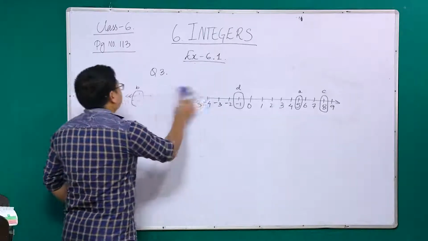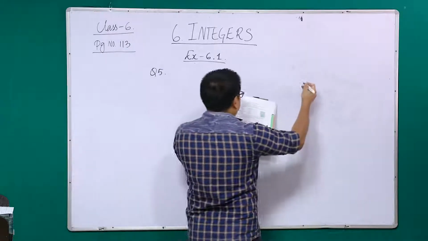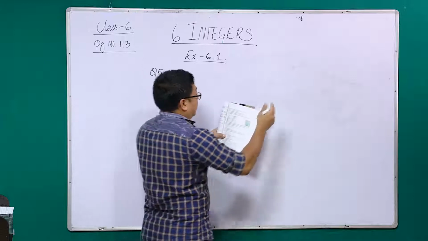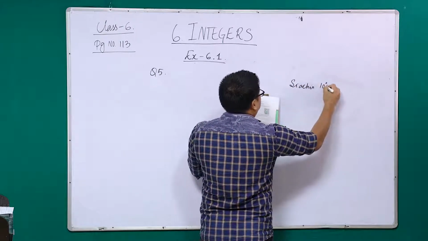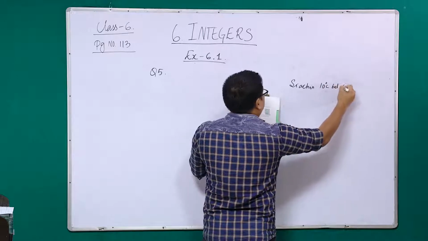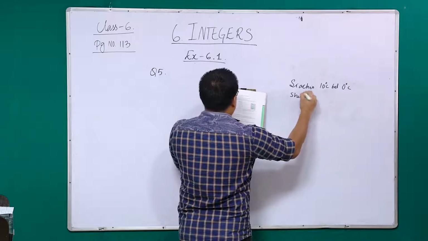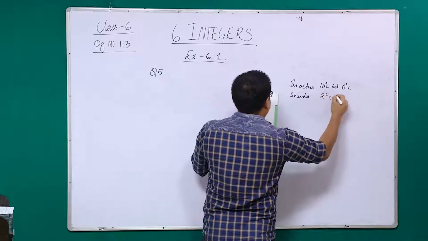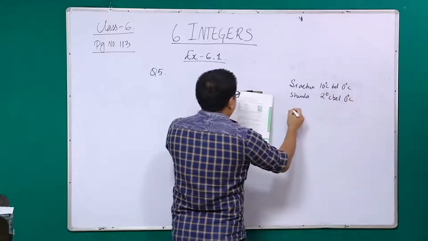Let's move on to question number 5. Now they have given us some information here. Siachen, 10 degrees below 0 degree. Shimla, it's in the textbook, but I'm just writing this for our understanding, 2 degrees below 0 degree.